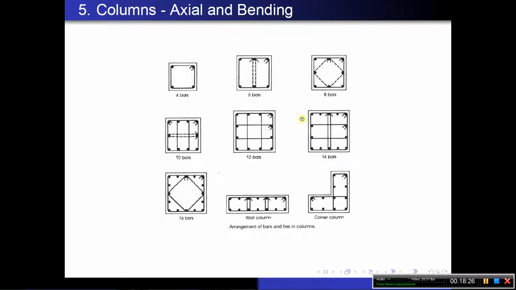And also, depending on the spacing of these longitudinal bars, you may have to, according to the code, add additional ties like this picture you're seeing in this middle example. Certainly, there's a variety of arrangements, but this kind of gives you an idea of how column cross sections can be reinforced.